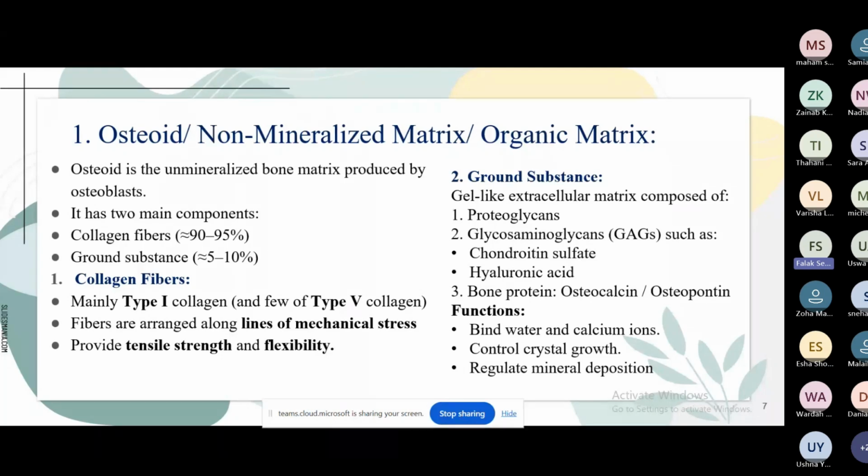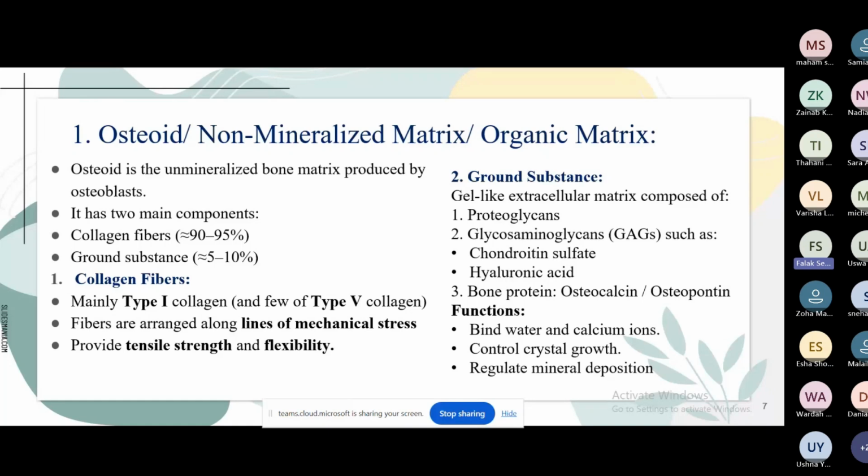Remember, there are two types of strength that are supported by the bone. Number one is the tensile strength that is provided by the collagen fiber. Another is the compression strength that is provided by the mineralized component of the bone. Okay, apart from collagen fiber, you will also find ground substance in the bone matrix.